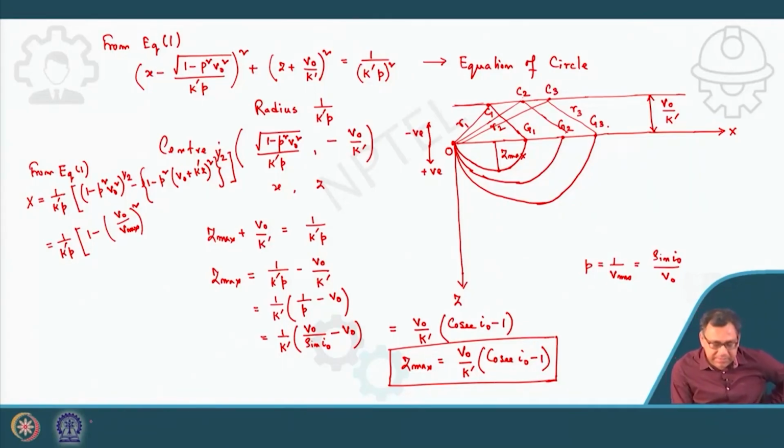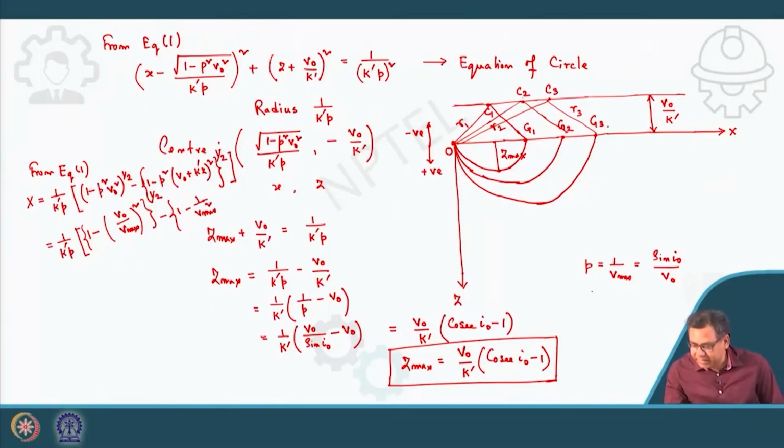So I am replacing P by 1 by V max. So that is to the power half. Okay, then minus 1 minus 1 by V max square. So here again, when I am talking about the whole x, the maximum Z it will achieve is Z max.